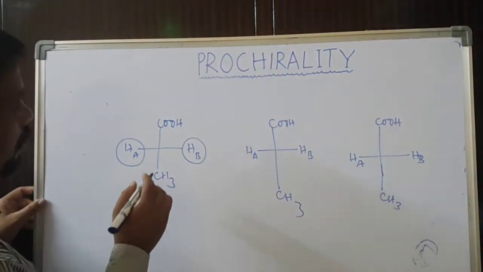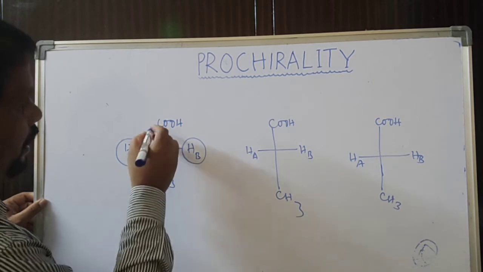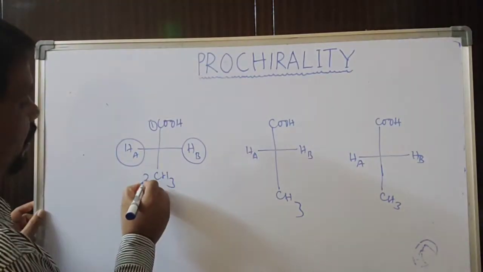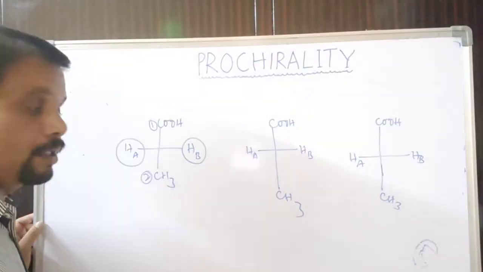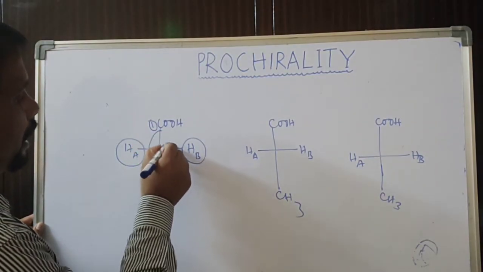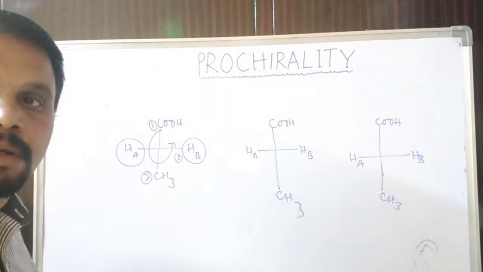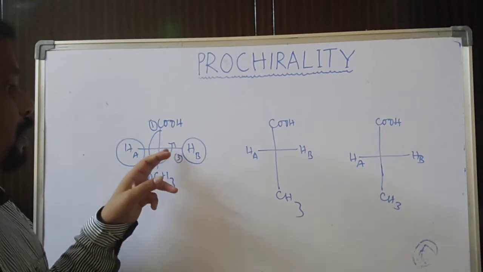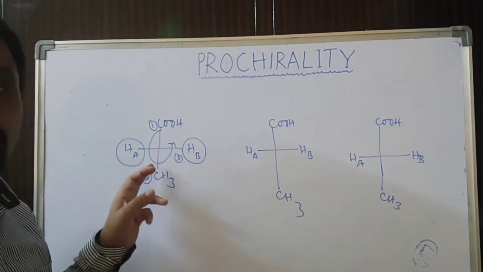So now which one will get the first priority? This carboxylic acid, obviously. The second one is obviously CH3. This is the third one, okay. If you connect from lower to higher number priorities, you will get this anti-clockwise rotation.